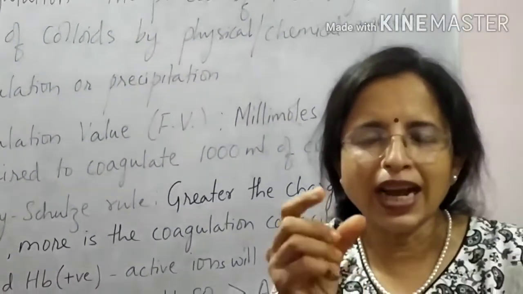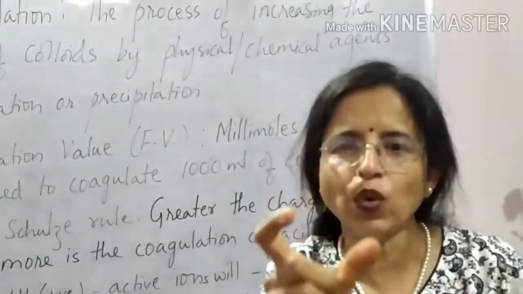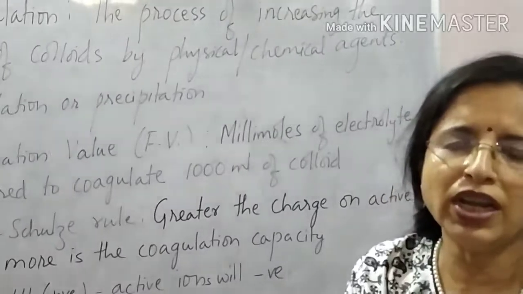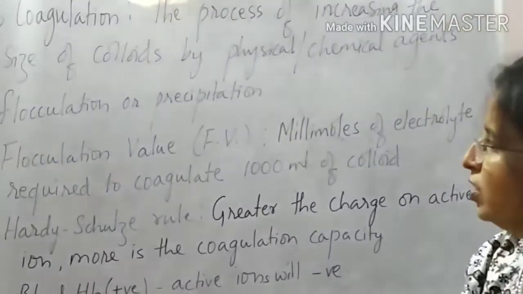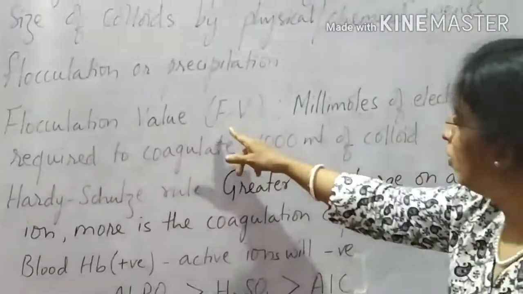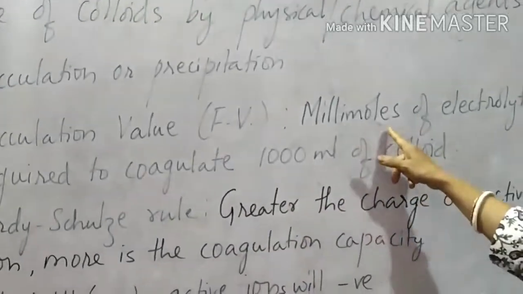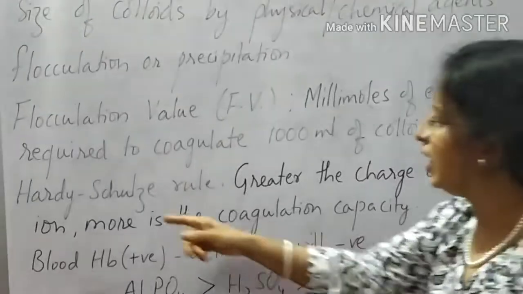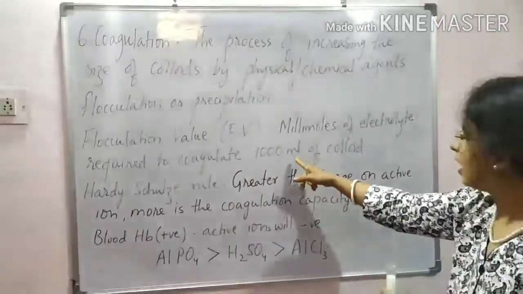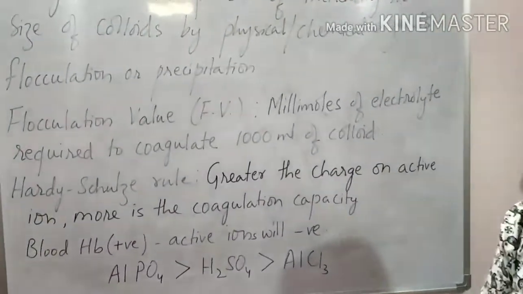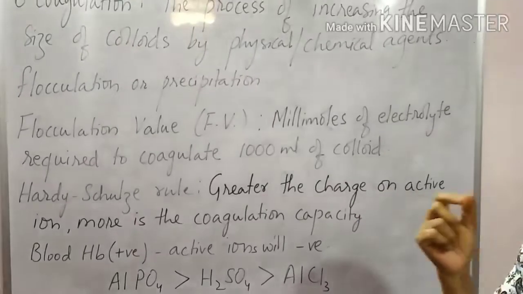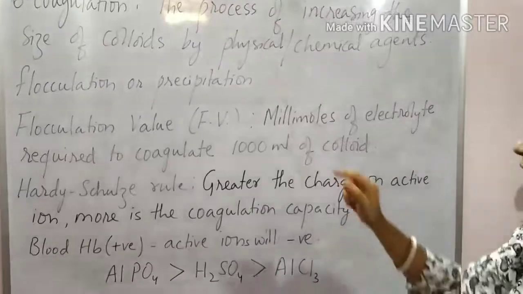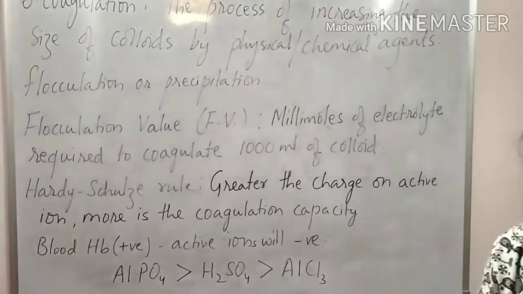So that quantity of the electrolyte required to coagulate 1 liter of the colloidal system is called flocculation value. Flocculation value, FV, is the millimoles of electrolyte required to coagulate 1000 ml of colloid. 1 लीटर colloid को coagulate करने के लिए कितना amount electrolyte चाहिए in millimoles is called flocculation value.